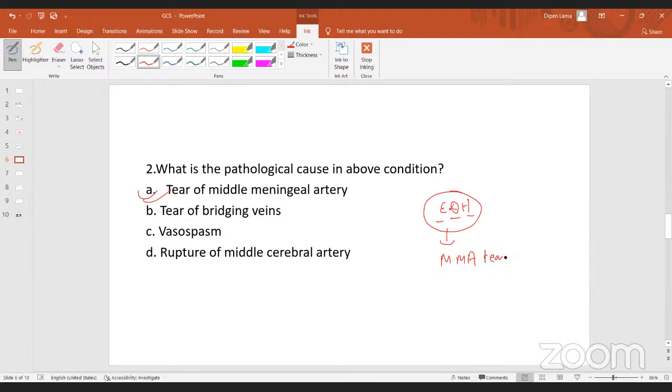For subdural hematoma, there is a tear in the bridging veins. Don't be confused: bridging veins, subdural hematoma. For epidural hematoma, it is a tear of the middle meningeal artery.